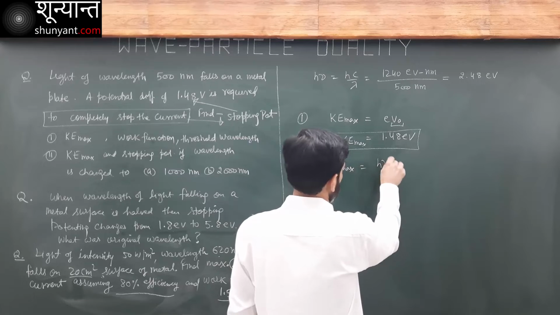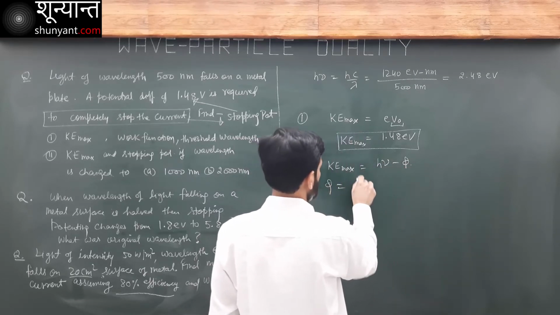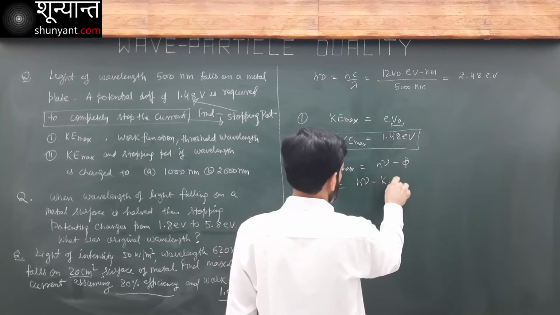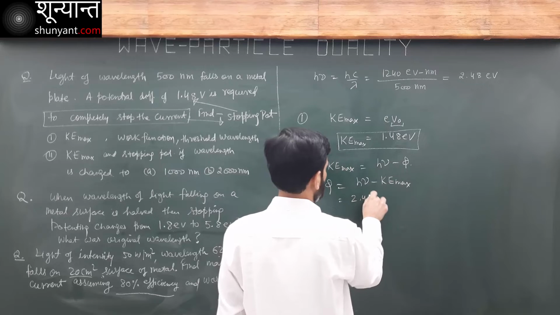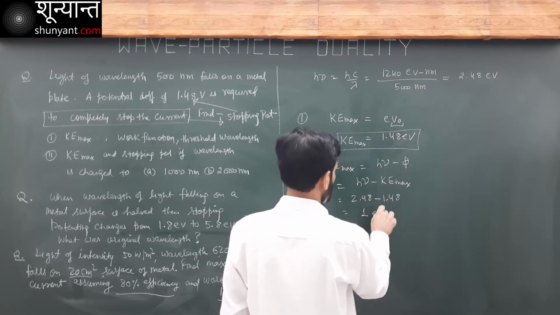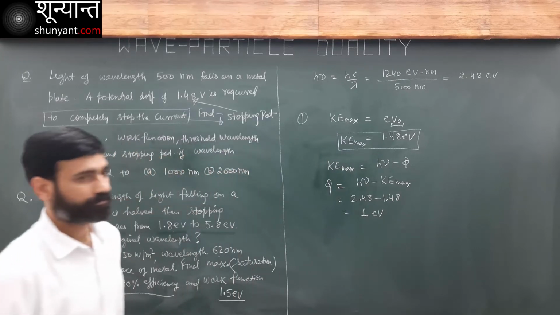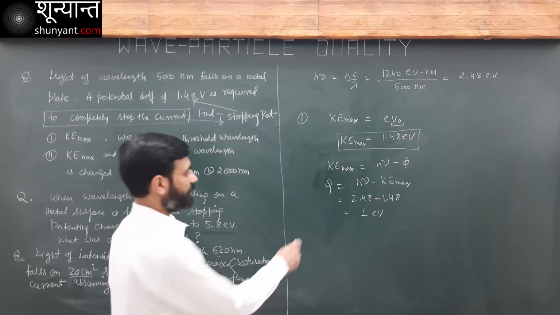Now, kinetic energy maximum is equal to h nu minus phi, where phi is the work function. So phi is equal to h nu minus kinetic energy maximum. This is 2.48 minus 1.48, which is 1 electron volt. Now what will be the threshold wavelength?